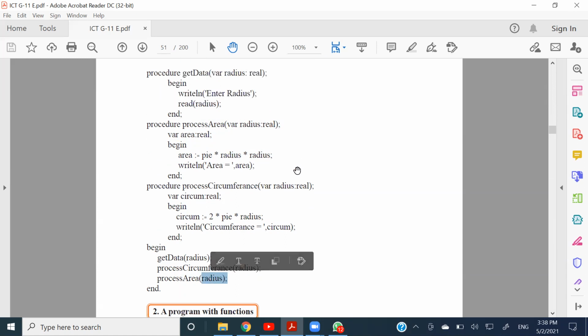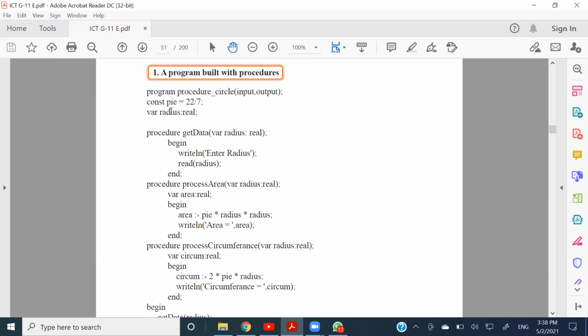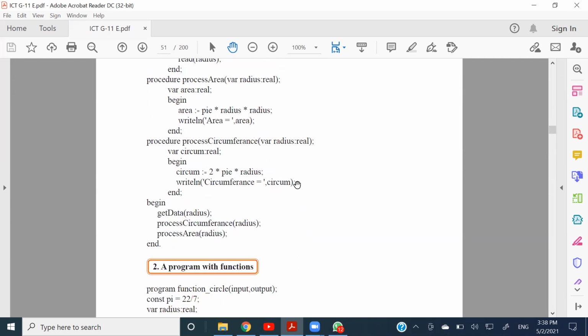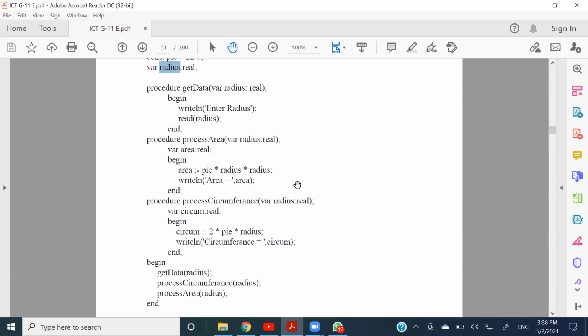That is why here they got radius over here. Now this radius means the radius we introduce right over here. So if we introduce this within these brackets, there will be a problem. The problem is we have to pass two values within the function calling.